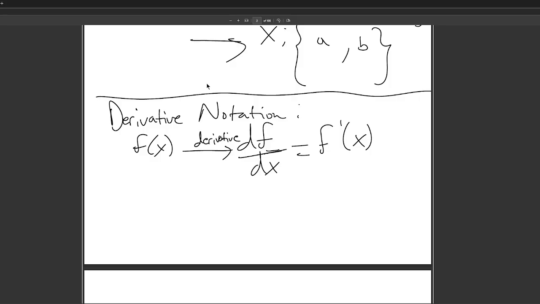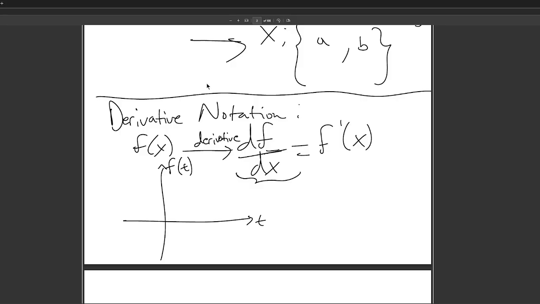You will see another notation later on if you're differentiating with respect to time. Are you familiar with what that means, differentiating with respect to time? No. Okay, it just means that, notice how I'm doing df dx, right? x is the independent variable. If I have a function in time, f of t, then the independent variable is time.